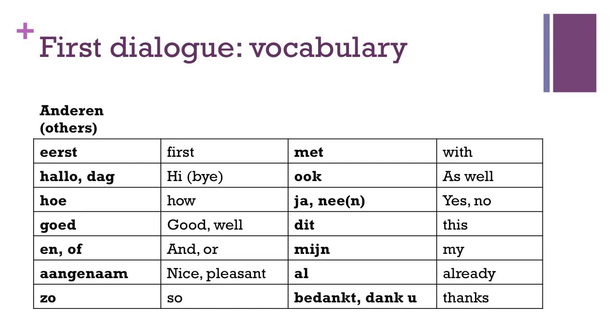Eerst is first. Hallo or dag is hi or hello. Dag means bye as well, but it's usually pronounced like dag, as in the dialogue. Hoe is how, and goed is both good and the adverb well.